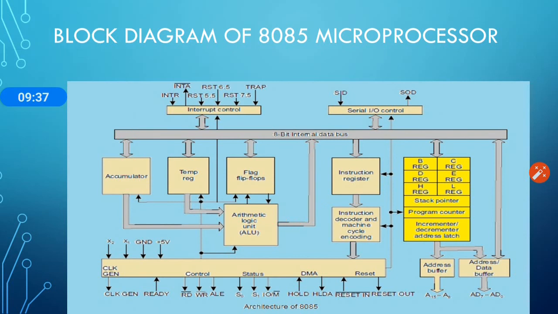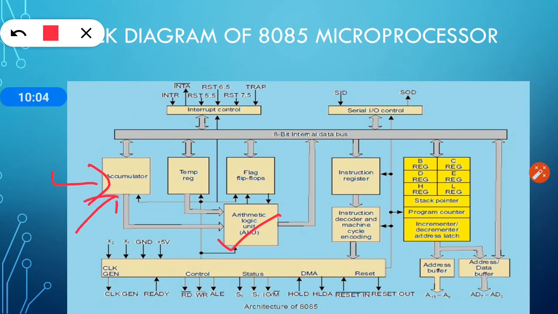Now you have got the idea of the arithmetic and logic unit. It performs arithmetic as well as logical operations. And now a little bit of idea of your accumulator: it is also a part of arithmetic and logical operations because we have two numbers for performing any kind of arithmetic or logical operation. One number we have to compulsorily load in the accumulator, and the result of the arithmetic and logic unit is also stored to the accumulator.